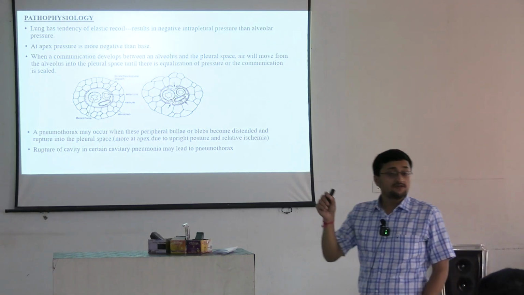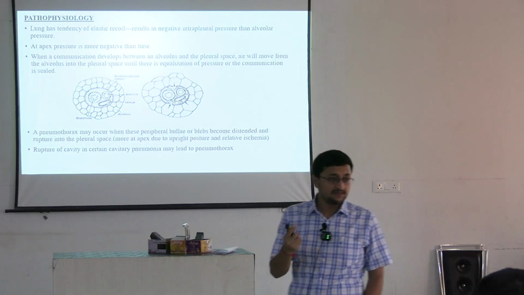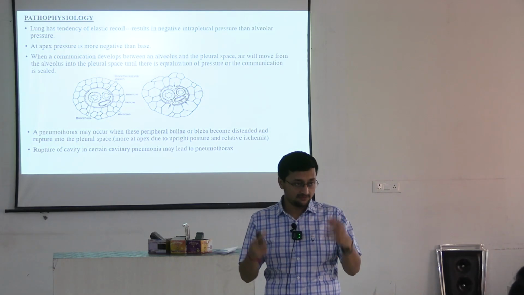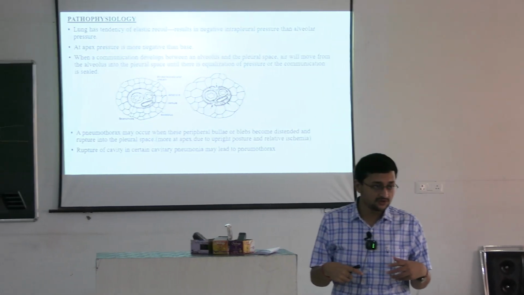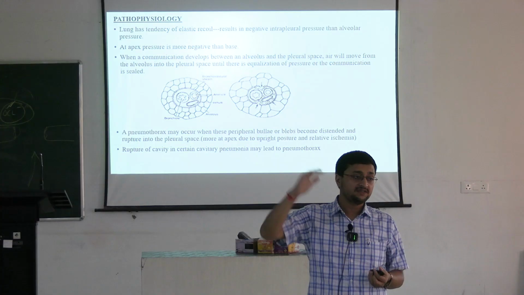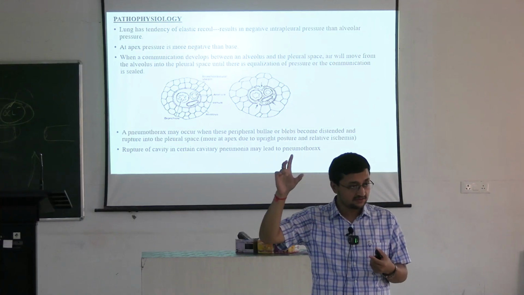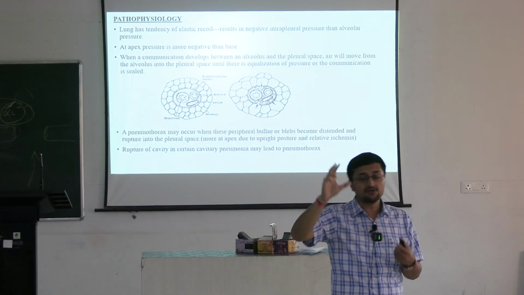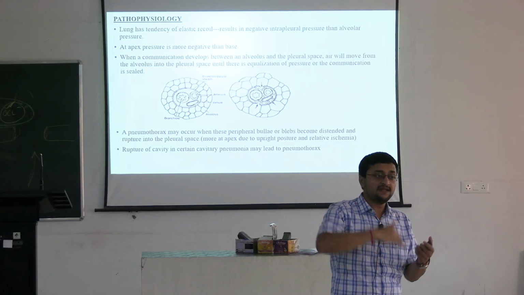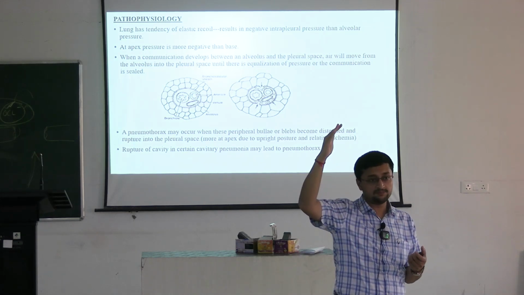Okay. So in case of primary spontaneous pneumothorax, as I have already mentioned, those patients who are developing primary spontaneous pneumothorax are tall, thin built. Because of the thin built and tall structure, the difference of the pressure varies from the base to the apex, right?